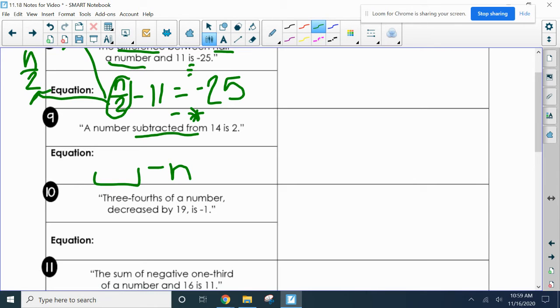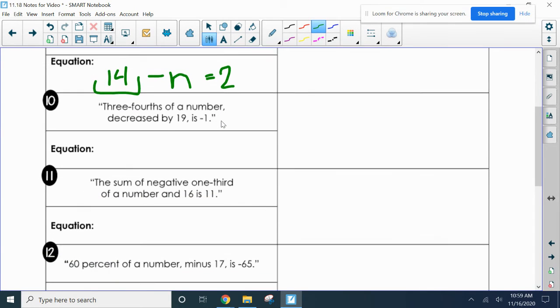That's the one we starred because it's said in the reverse order. So a number subtracted from, we're taking that number from something. We don't know what it is, but they're about to tell us. From 14. So from 14 is 2. Awesome. Did you get that? Did you do it in the wrong order? Do you see what you did now?